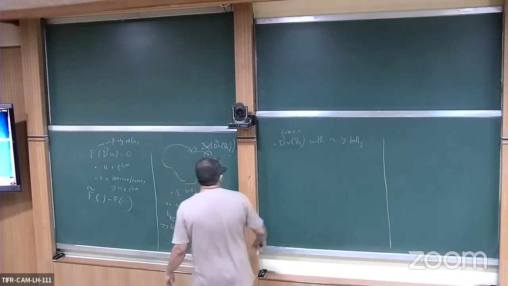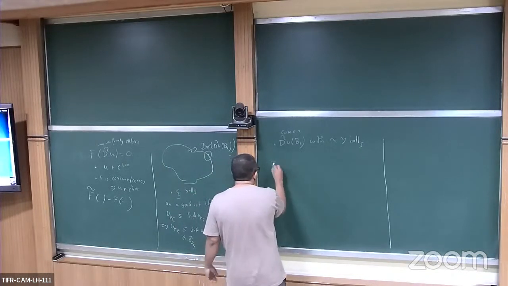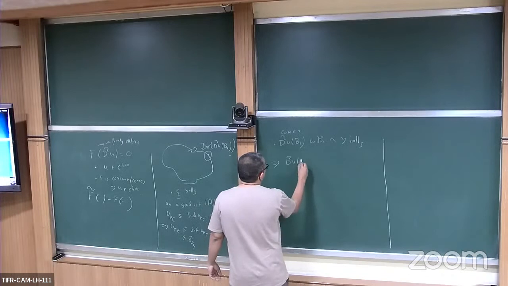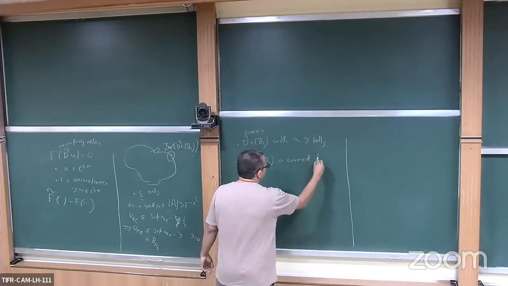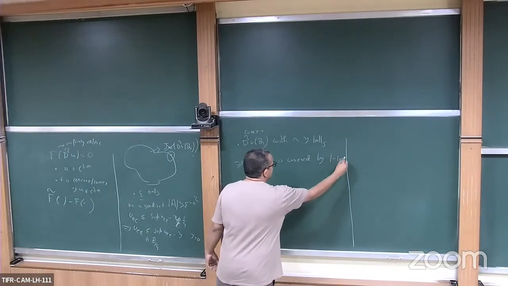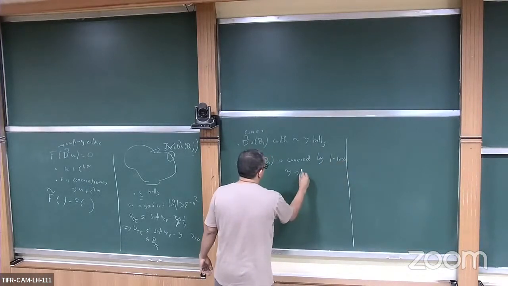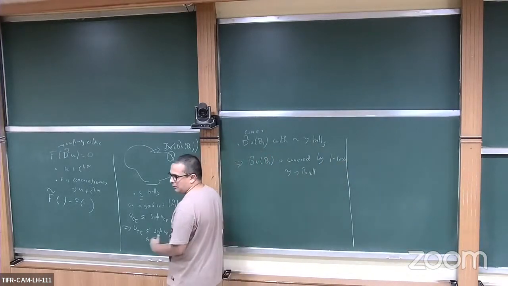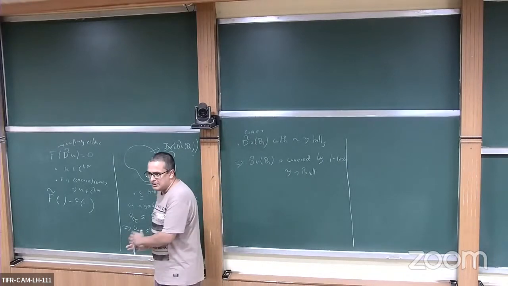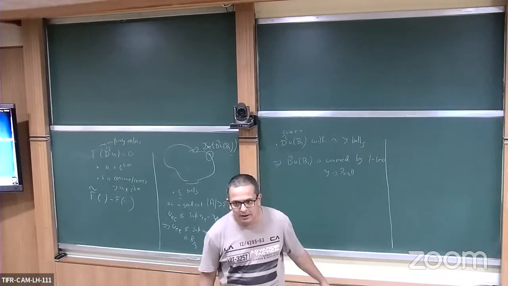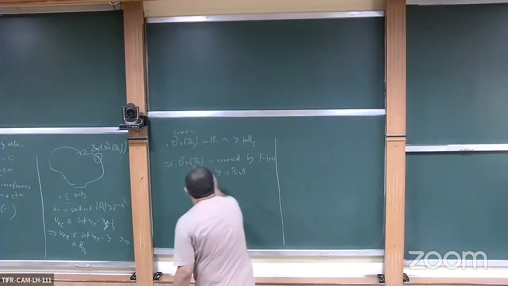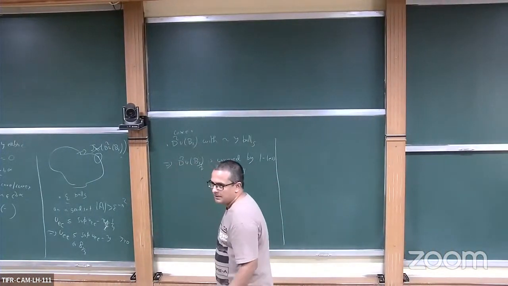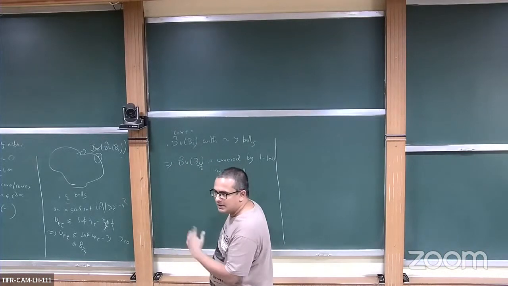So you have covered it by one less gamma ball. And this gamma is universal, depends on ellipticity, dimension, and nothing else, thanks to the concavity character. Okay, so half the ball is covered by one less gamma ball.